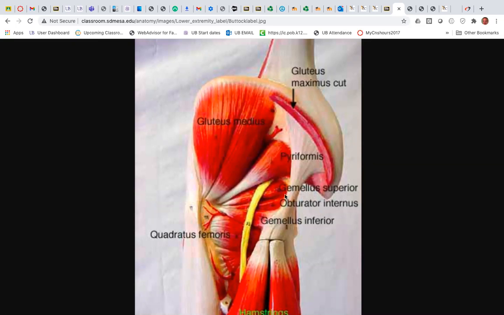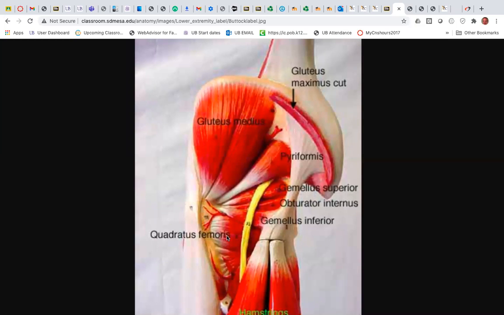Go, G-O, the first G is gemellus superior, the O is obturator internus. Please go, but there's another go, G-O, gemellus inferior, and then there is an obturator externus, which you can only see from the anterior side. So please go, and then quietly, the Q is quadratus femoris. Just a little silly sentence to help you remember the names of the 6 lateral or external rotators.